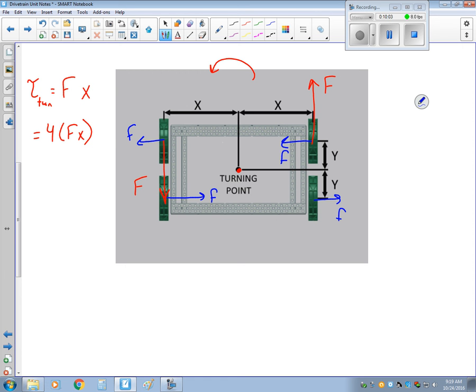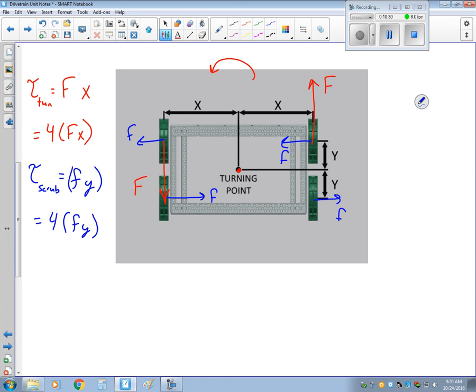Friction would oppose that. So, as this thing is turning, there's going to be some torque from the friction, which we call scrub. And that's going to be the friction times that value y. And since there are 4 wheels, it's going to be 4 times that friction times that y.